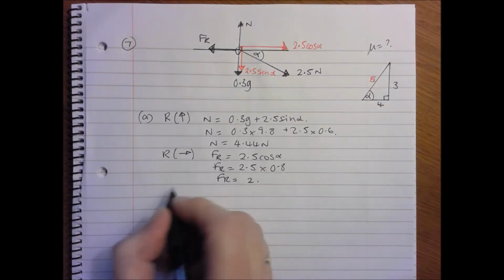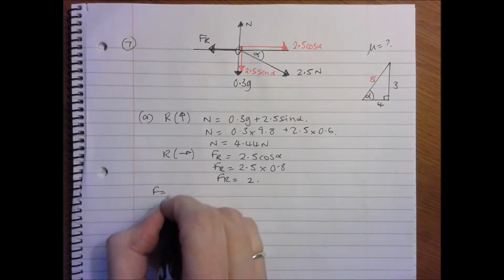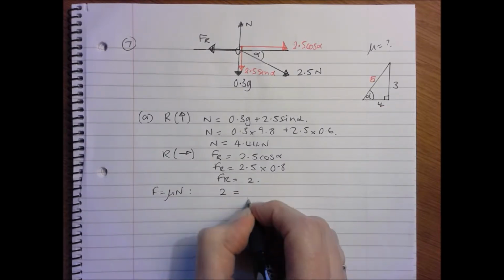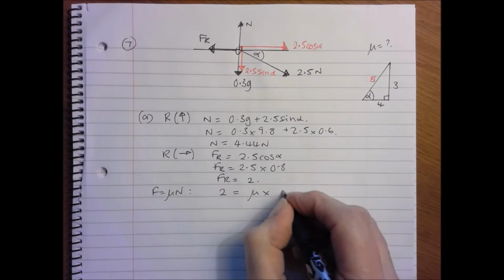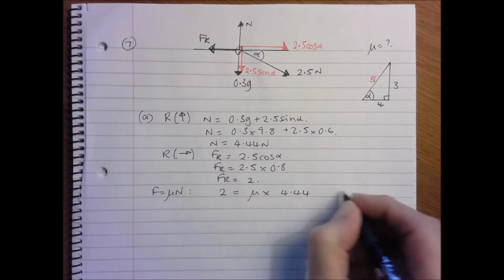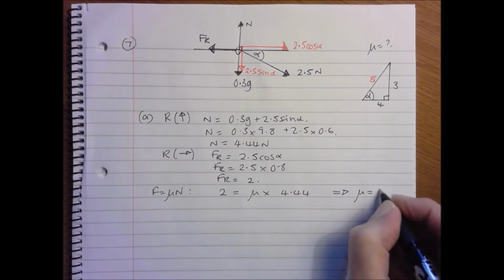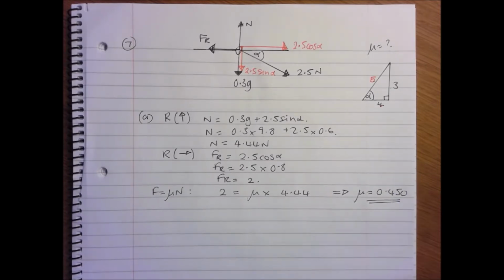And then finally I'm going to use F equals mu N. So 2 is equal to mu times 4.44, which tells us that mu is going to be 0.450 to 3 significant figures if you like.